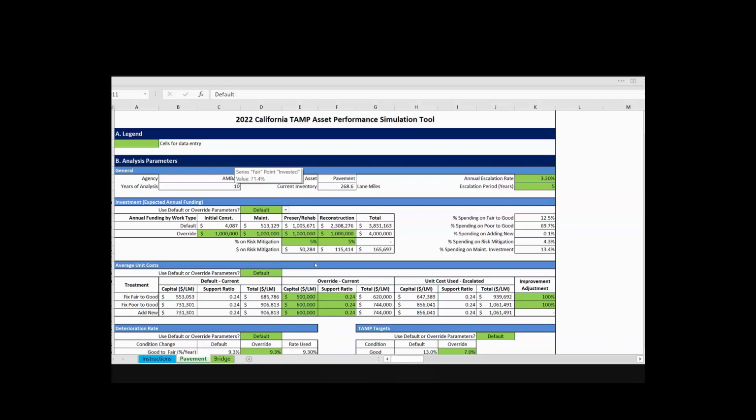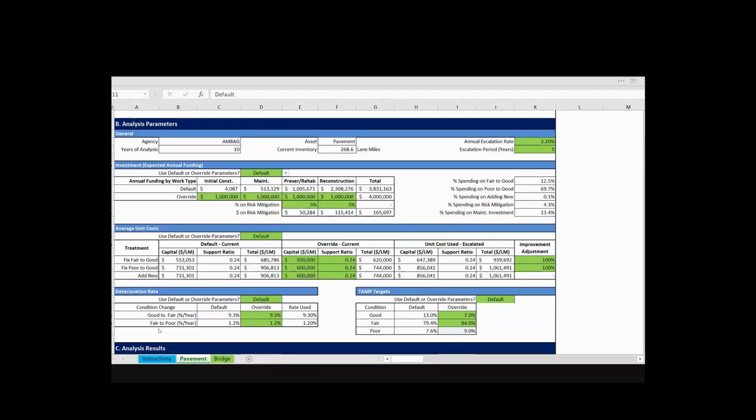You can see for some parameters like investment, unit cost and development, and the deterioration rates, the user has the freedom to choose to use either the default parameters that Dawn mentioned, or you can override parameters.